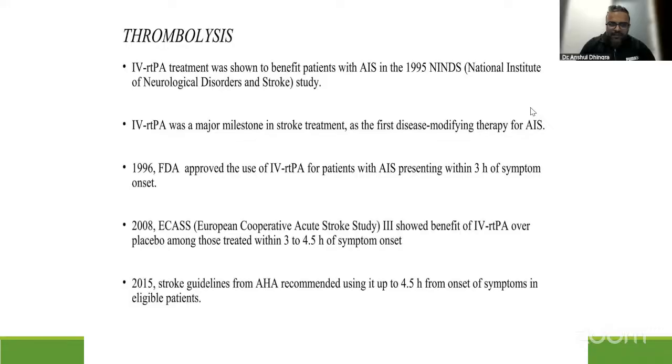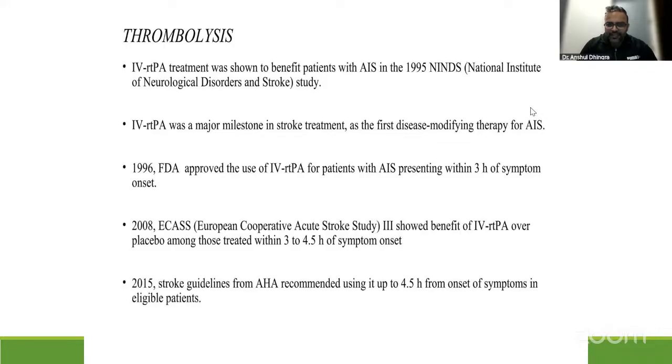So thrombolysis, this IV rtPA treatment, was shown to benefit patients with acute ischemic stroke in the 1995 NINDS trial. IV rtPA was a major milestone in stroke treatment as the first disease-modifying therapy for acute ischemic stroke. In 1996, the FDA approved the use of IV rtPA for patients with acute ischemic stroke presenting within 3 hours of symptom onset.